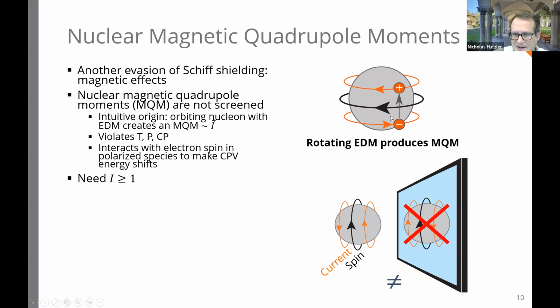So here you would get a magnetic quadrupole moment correlated with the nuclear spin, which violates all the same symmetries as everything else. If you look at it in a mirror, it looks different. If you do time reversal, it looks different. So permanent magnetic quadrupole moments violate all the same symmetries, so they are probes of similar physics.